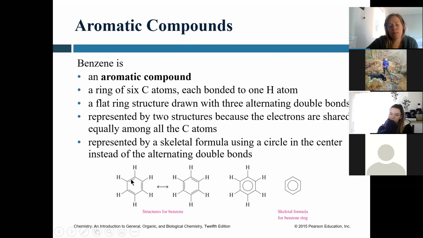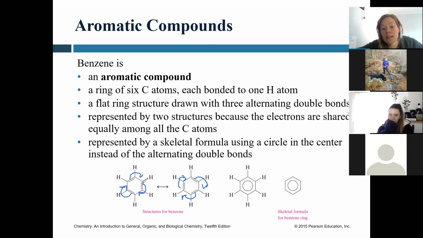So this double bond here maybe moves here. And if it moves there, then this one is going to move here, and then this one is going to move here. So they kind of rotate. But that doesn't mean that there's 6 of them. There's only ever 3 double bonds, but they kind of oscillate around.